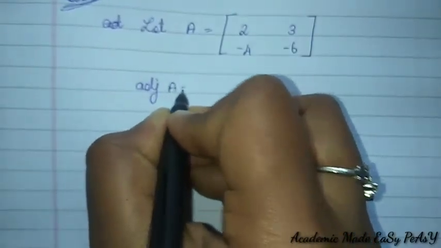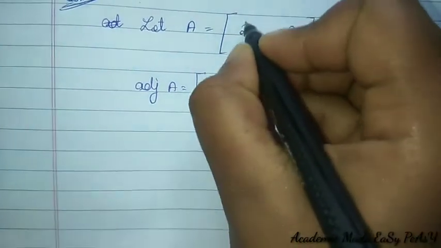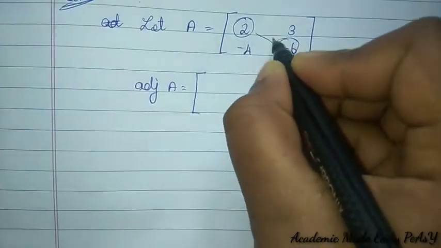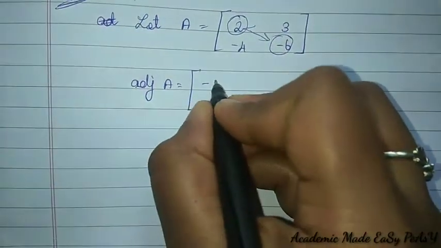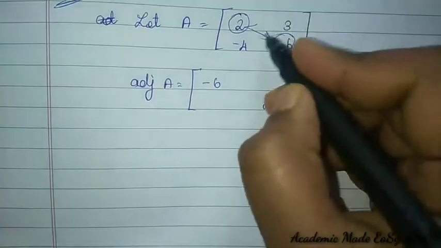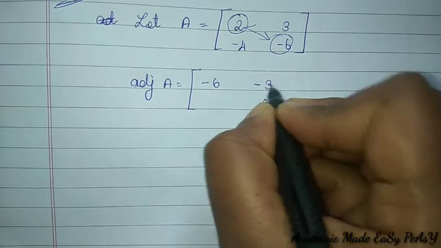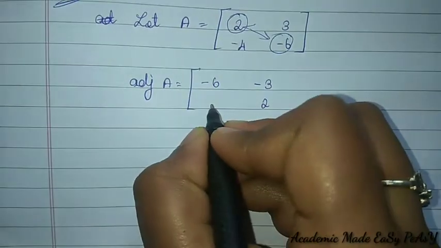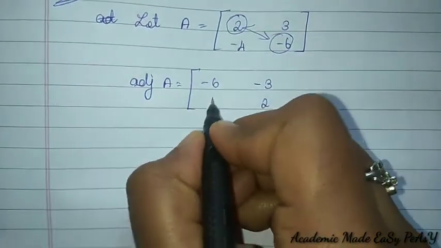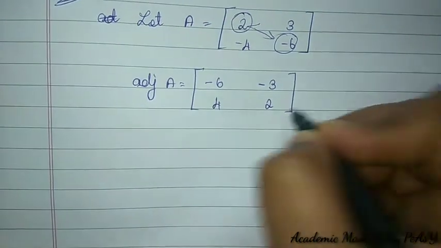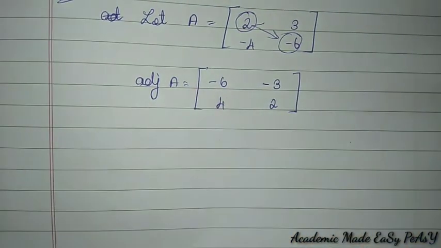Adjoint of A is equal to, I will be swapping these two elements, so minus 6 and 2, and these two I will be changing the sign: plus 3 will become minus 3, and minus 4 will become plus 4. That's it, this is the answer.